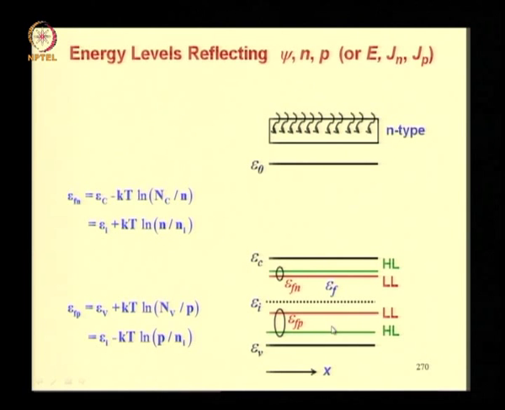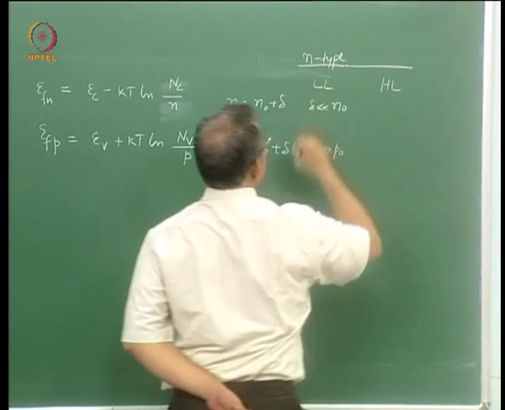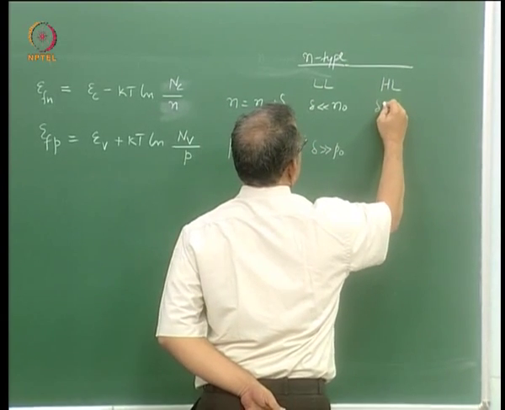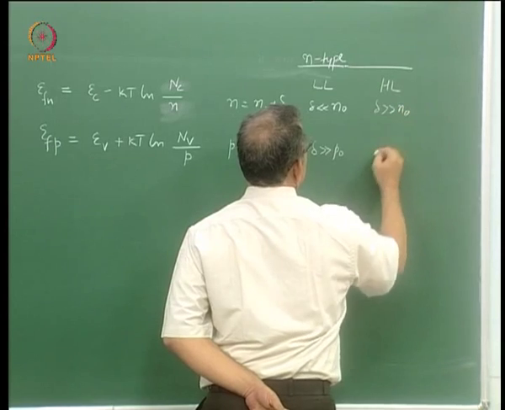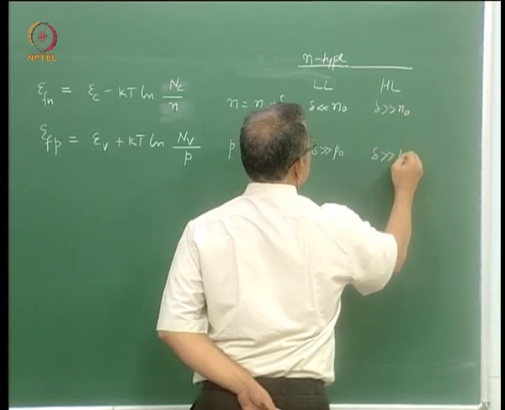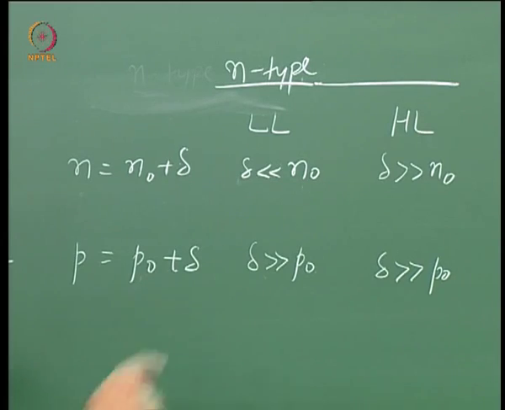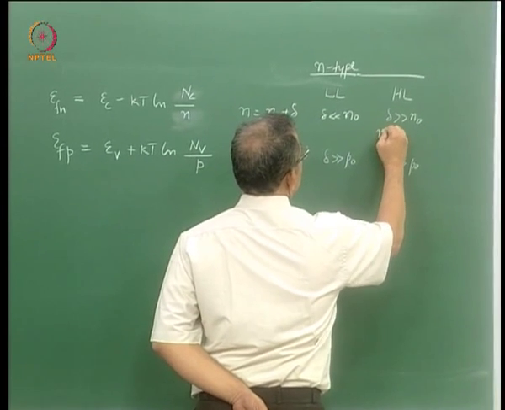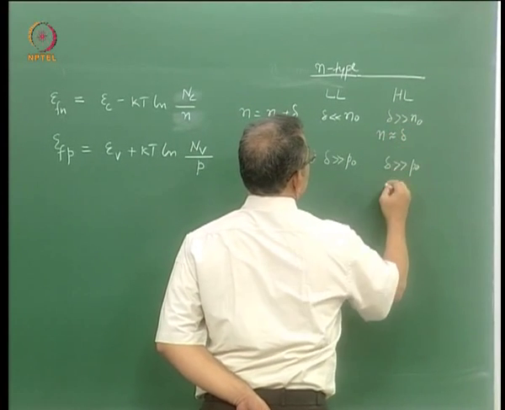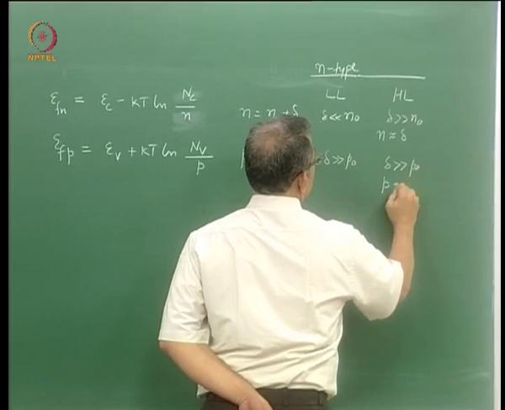Now what happens in high level is that if I write the expression for high level for the same N type, then here delta is becoming much more than N naught, and anyway it is much more than P naught. So therefore in this case you have N approximately equal to delta and P approximately equal to delta.